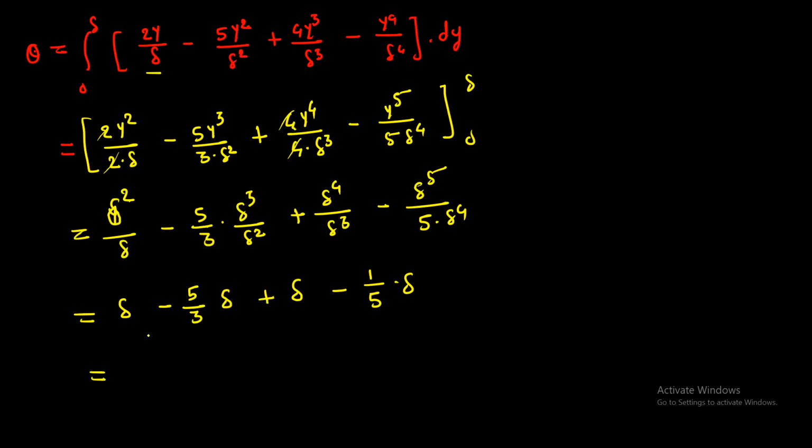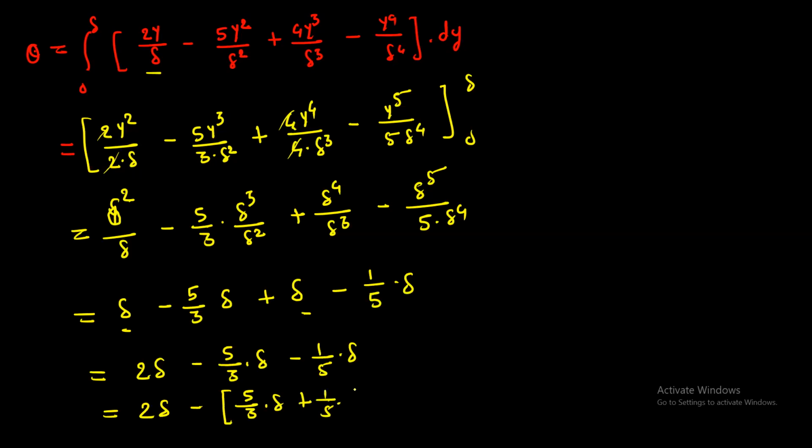So this is equal to, try to simplify this equation. So this is 2 delta minus 5 by 3 delta minus 1 by 5 delta. So this is equal to 2 delta. Do the cross multiplication. So you can take minus common. In the bracket, we have 5 by 3 delta plus 1 by 5 into delta.